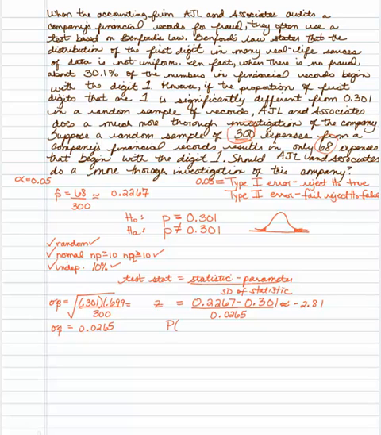So our z-score is negative 2.81. We've got to look up our z-score to see what our probability is. Our probability, negative 2.81, I'm getting 0.0025. And keep that in mind, this part, the probability is 0.025 that it would be lower, and 0.025 that it would be higher.